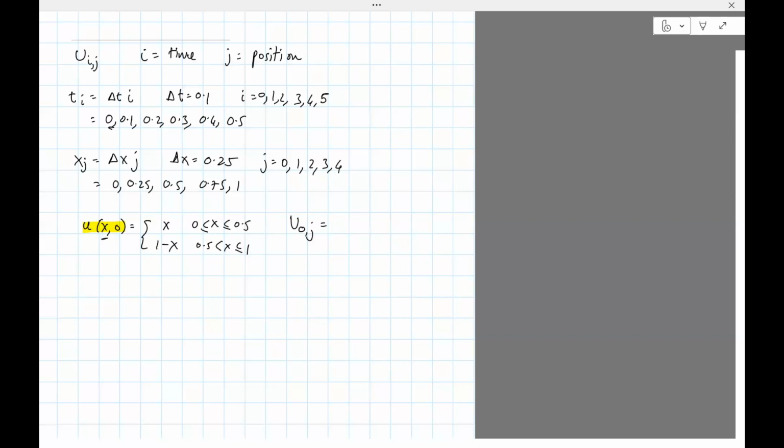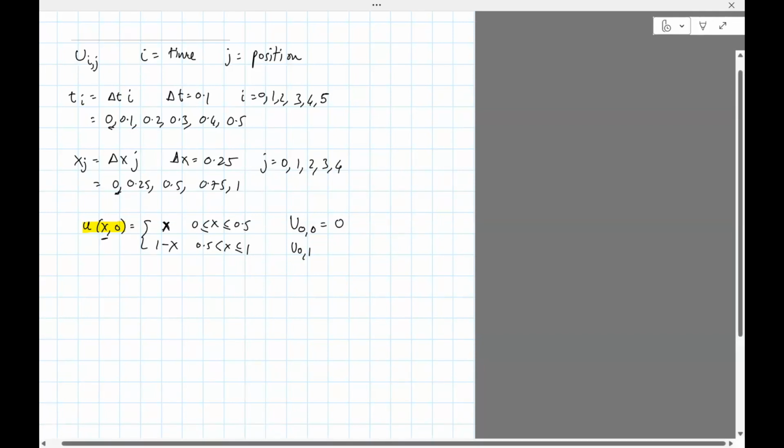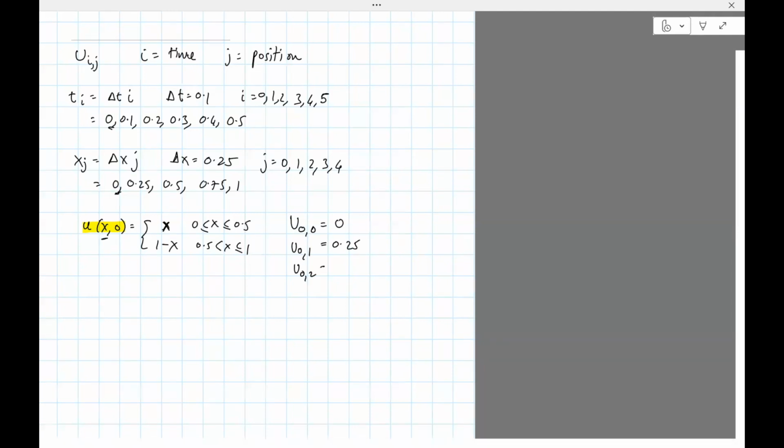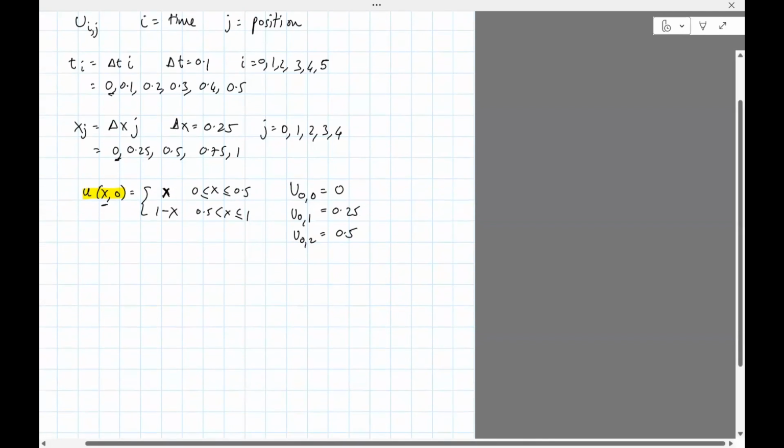Okay, so now I need to evaluate this. For j equals 0, that is at 0, we have x of j, so 0. Then 0 comma 1 will be x1. When I put x1 here, I have 0.25. 0 comma 2 would be 0.5.